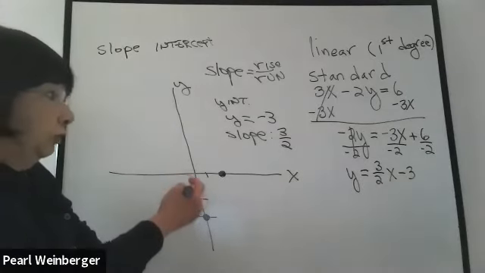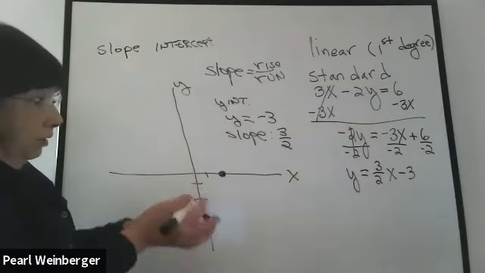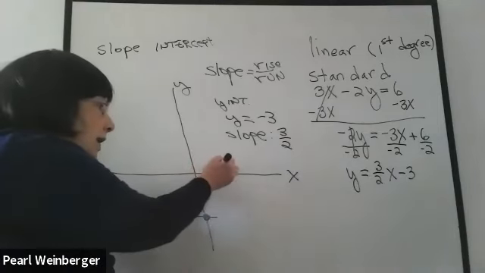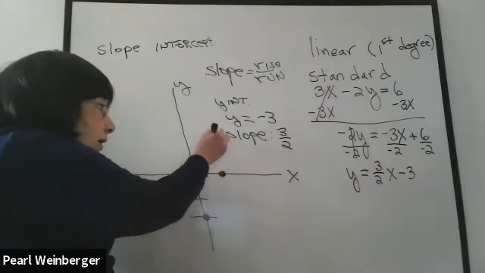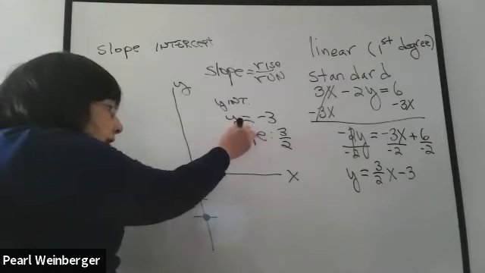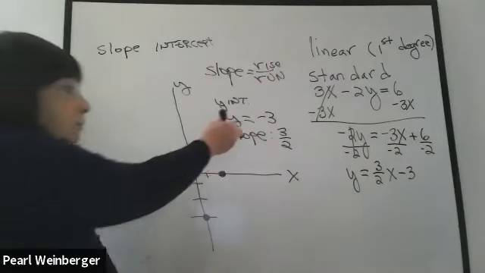If I want a third point, and sometimes I do, I don't need to, I could again count up 3 and 2 to the right.